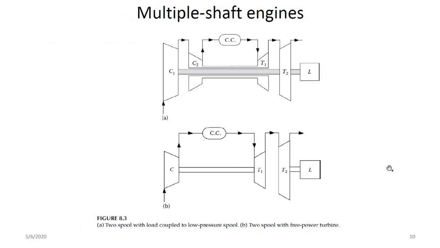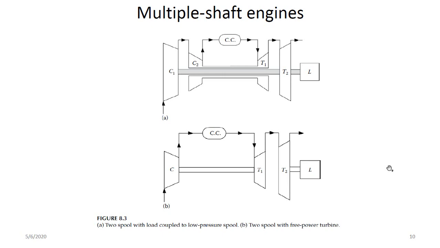And you've got a two spool or multiple shaft engine, where you've got two sets of compressors and two sets of turbines. And the low pressure turbine, which is T2, is the one that drives the load in this case. Then CC is the combustion chamber.